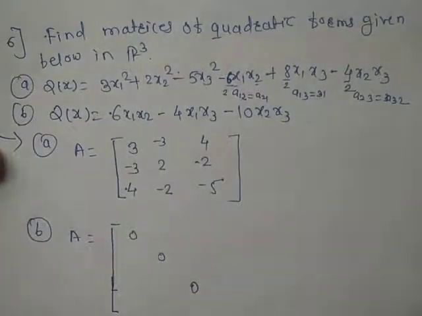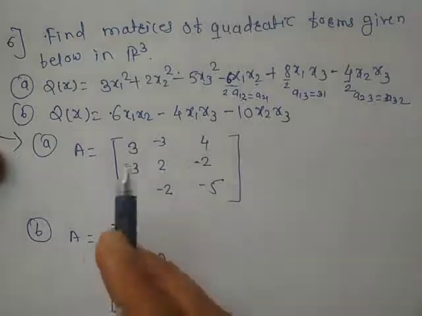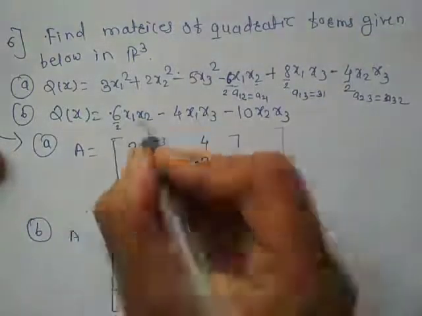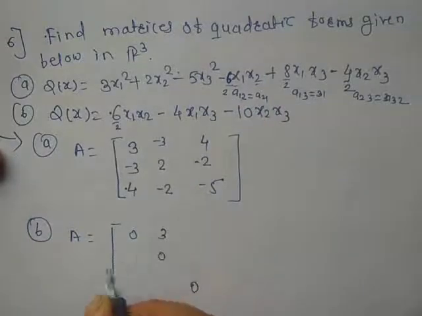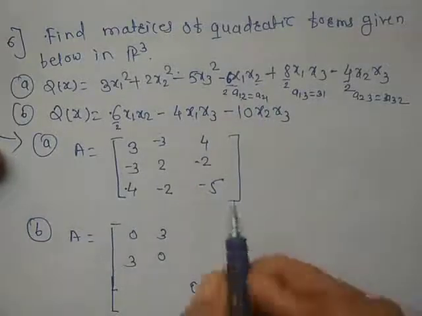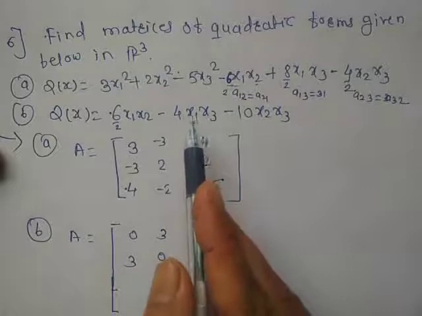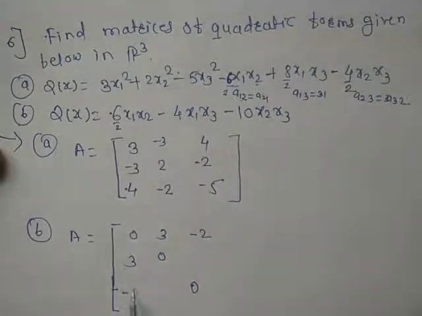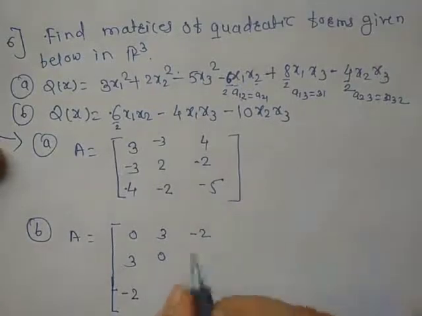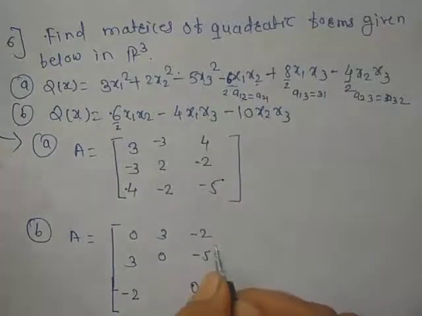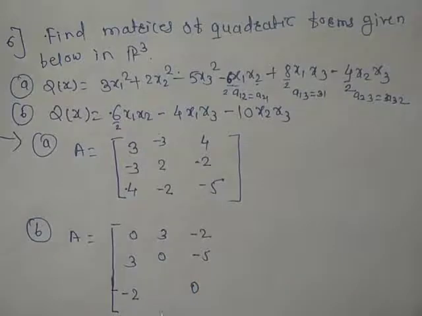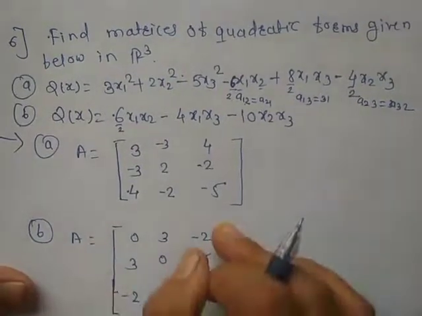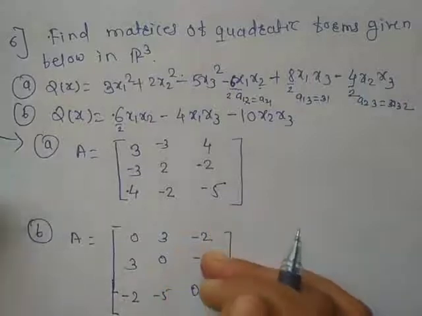Here this is 6 by 2, so A12 is 3 and A21 is 3. A13 is -2, so A31 is -2. A23 is -5 and A32 is -5. This is the matrix A.